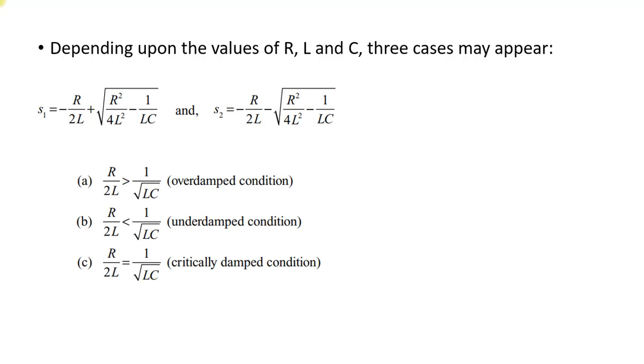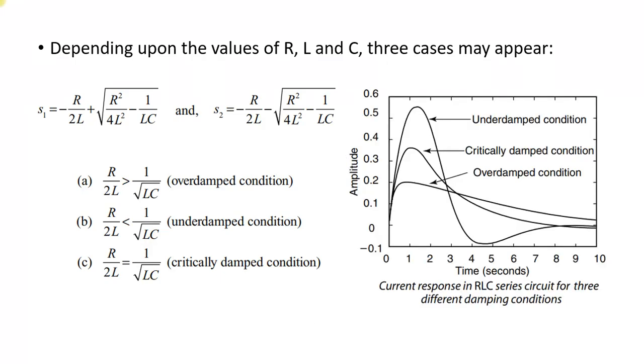So it depends upon the value of the damping ratio zeta. If zeta is greater than 1, then it is an over damped condition. If zeta equals 1, then it is critically damped. If zeta is less than 1, then it is under damped, and the corresponding waveforms look like this. So now we consider this one.